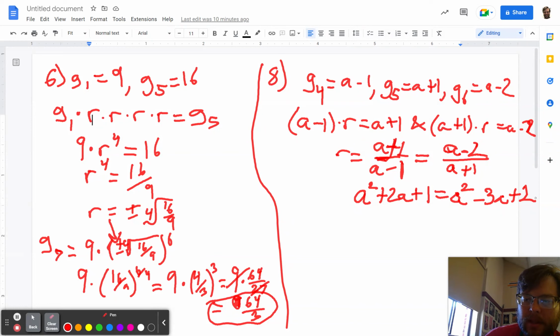Okay. Then if I get all the a's on the left side, I'll have 5a, and then subtracting a squared and subtracting 1, means 5a equals 1. So a equals 1/5.